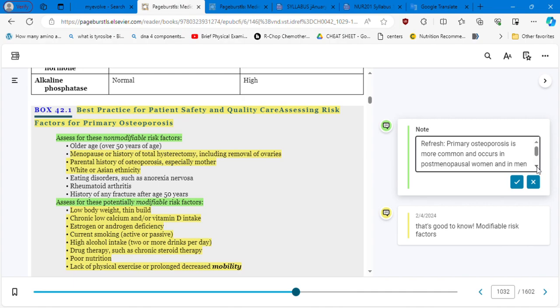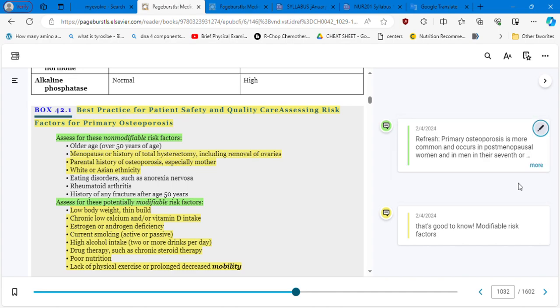So this is a refresh from the previous chapter. Remember that primary osteoporosis is more common and occurs in postmenopausal women and in men in their 7th or 8th decade of life. Okay, assess for potentially modifiable risk factors, all of the following, right?